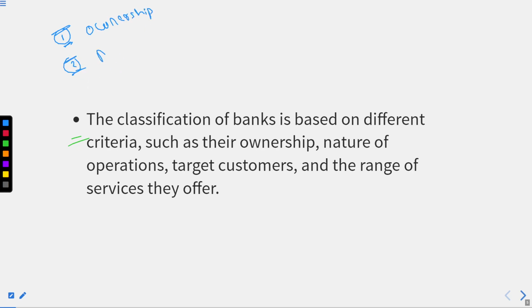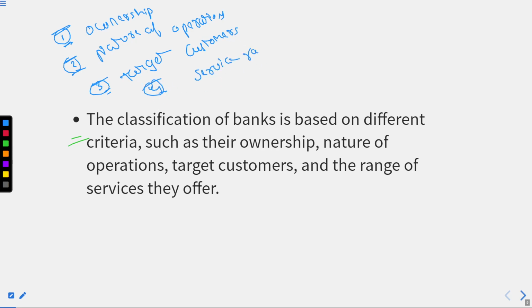Second is the nature of operations. Third is targeted customers. Fourth is service range. These are the main points on which banks are differentiated.